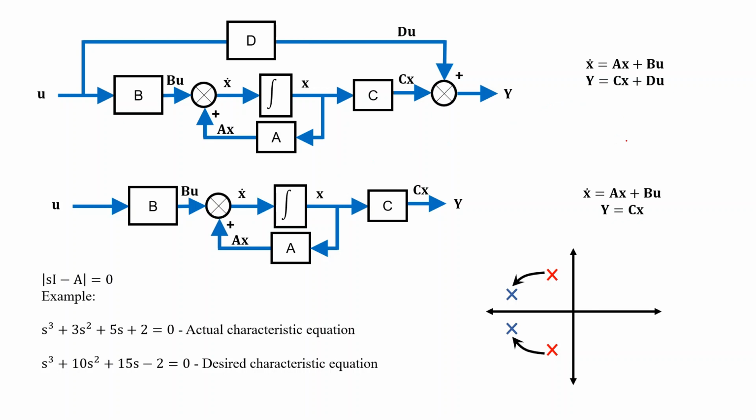Now this matrix A is an important matrix known as the system matrix. This is important because this matrix gives you the dynamics of the system.